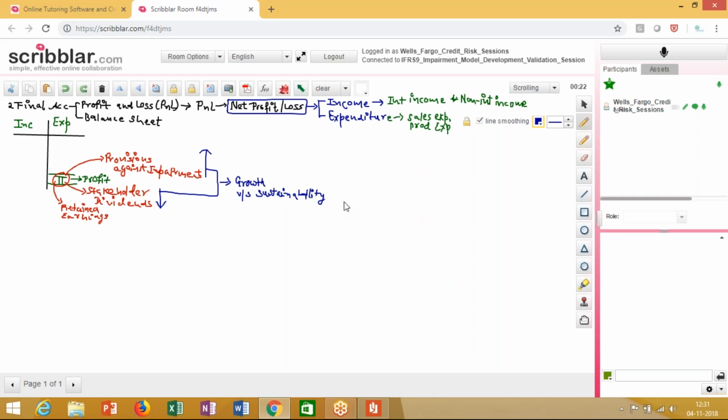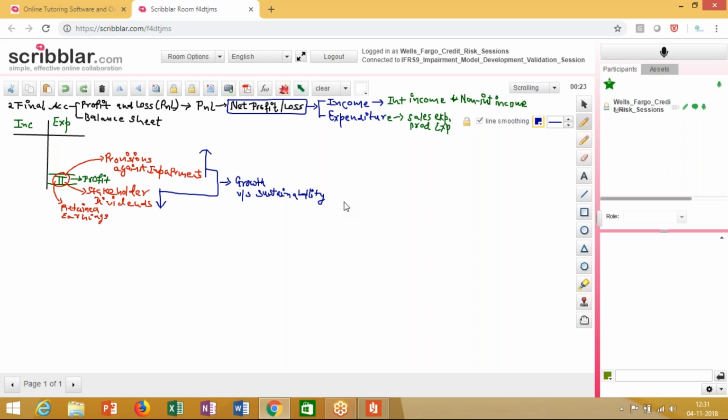But putting in an optimal provision is always an opportunity cost, because every time you keep money aside as provision, you are foregoing an opportunity to pay the stakeholders, and that in turn brings in a reputation risk for you. So there are a lot of these challenges.